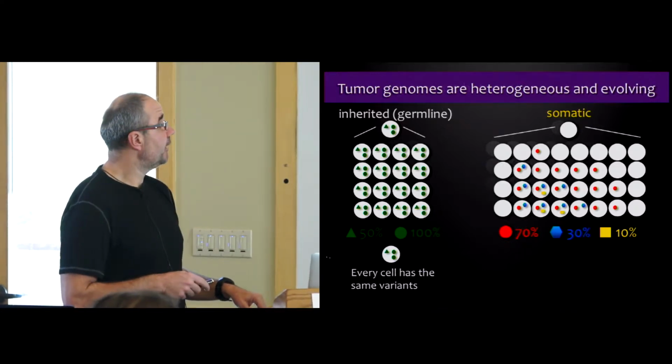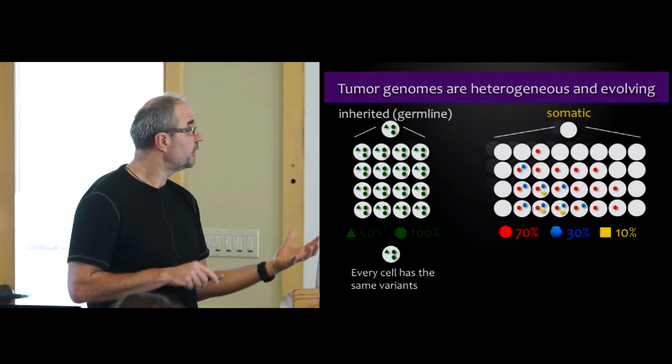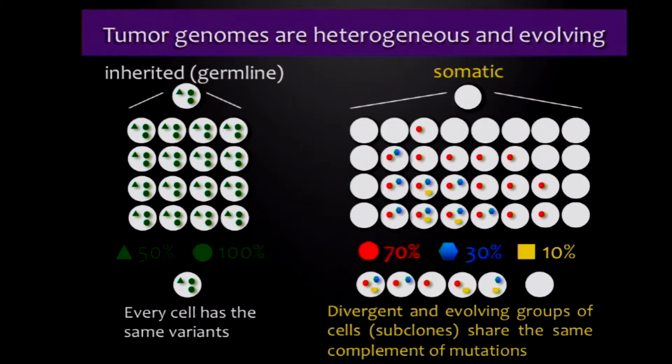So the idea here is that in somatic cells, every cell has the same variants, whereas in tumor cells, there are divergent and evolving groups of cells, termed subclones. A subclone is basically a group of cells that has the same complement of somatic mutations.